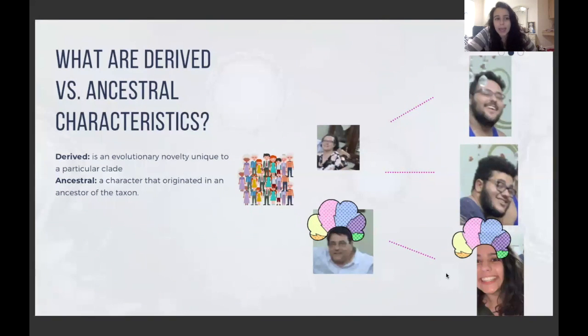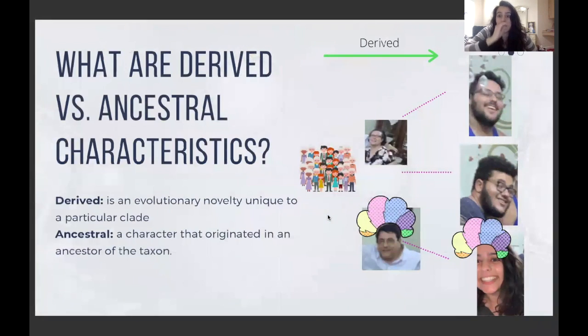Does that make it a derived or ancestral characteristic, or both? I'll give you guys a minute to think about what you learned in lecture and try to apply it. Okay, so the answer is that this rainbow-colored hair characteristic is analogously an ancestral and a derived characteristic, okay? And we'll go into that a bit more.